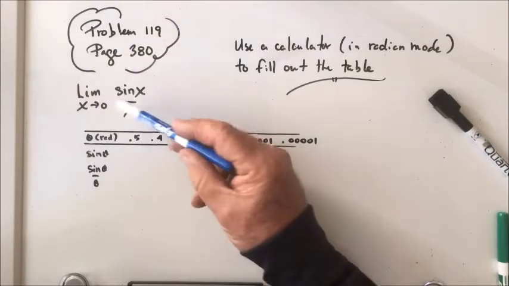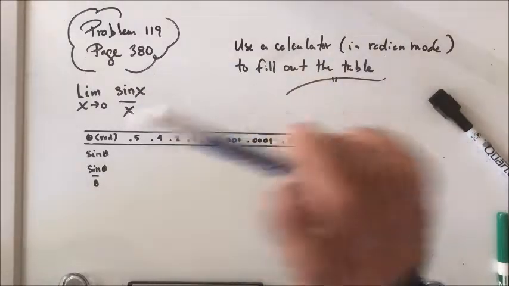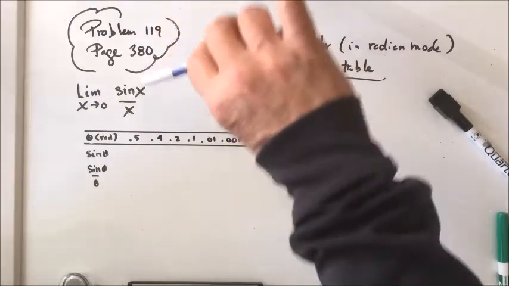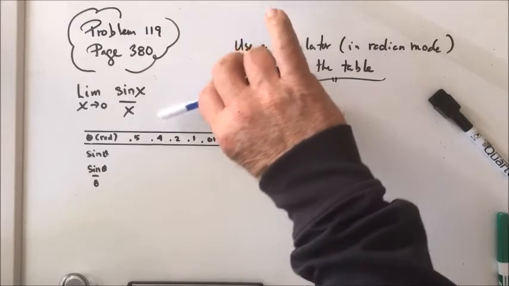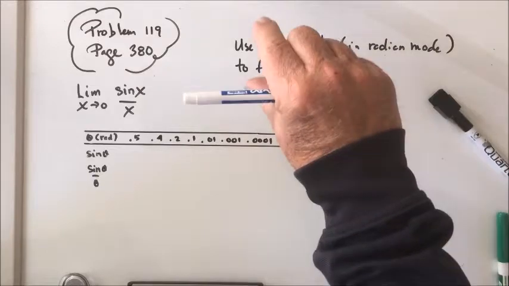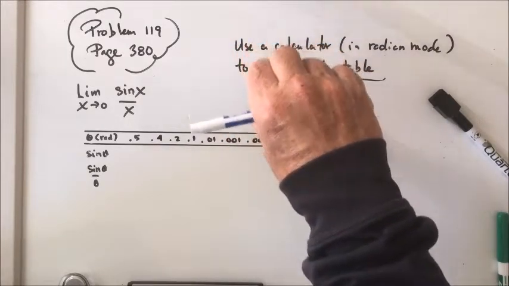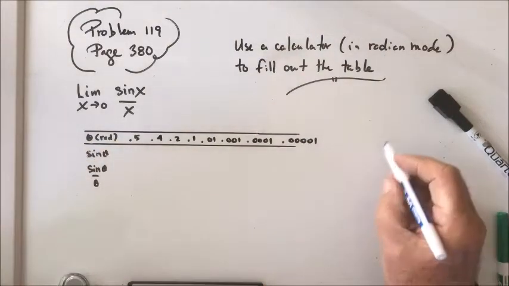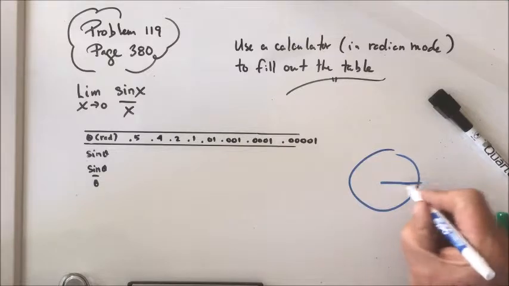You can kind of see what's interesting here: the sine of x as x approaches 0. Think of the unit circle. Think of letting the ray move down to the x-axis. As it does, the y component is getting smaller and smaller and smaller. I might just erase this embarrassing picture really quickly.